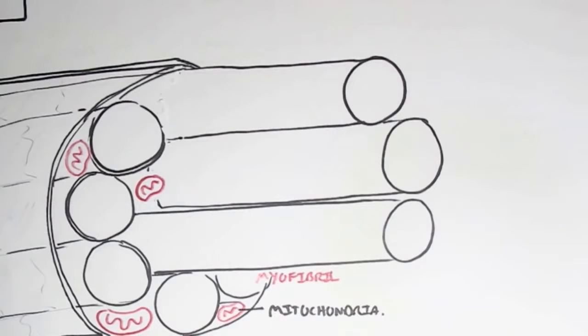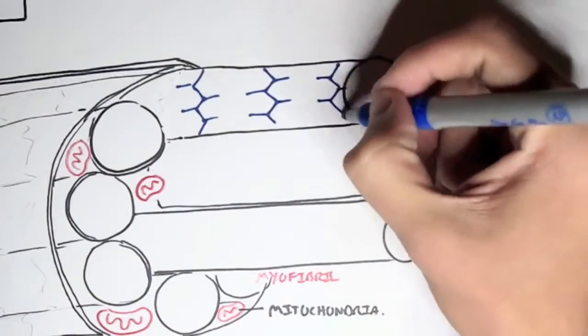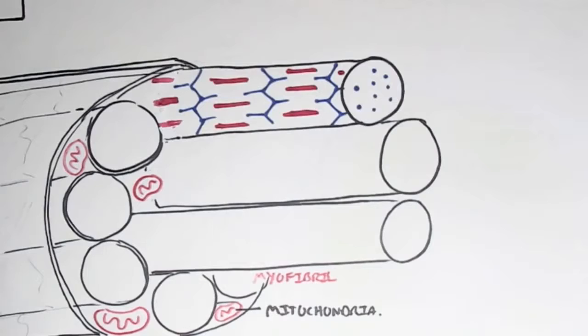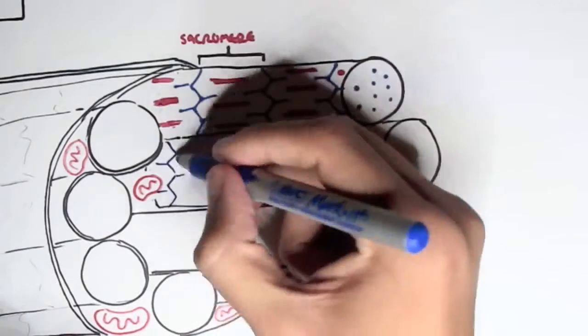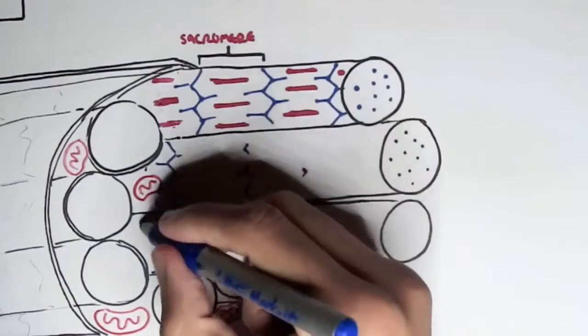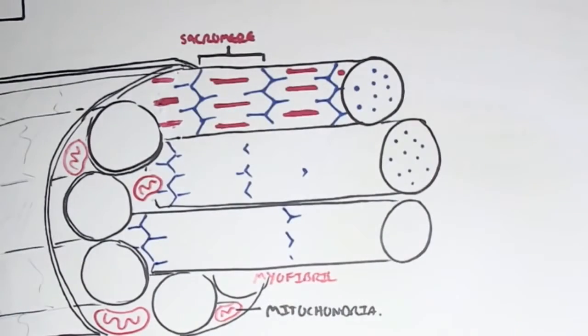So if you remember, the myofibrils contain thin and thick filaments. Here in blue are the thin filaments and in red the thick filaments. From one Z line to another Z line of the thin filaments is what we call a sarcomere. And so we have this within each myofibril.